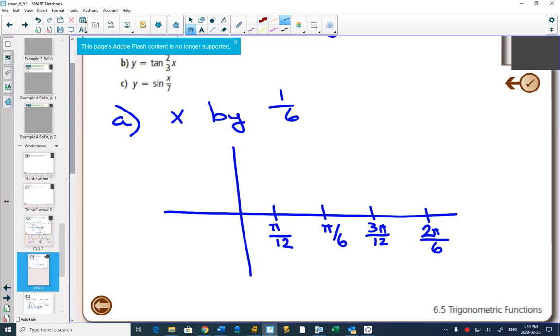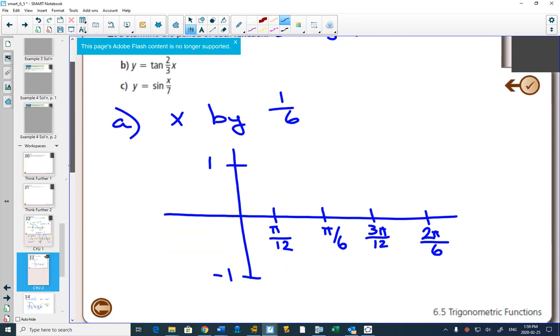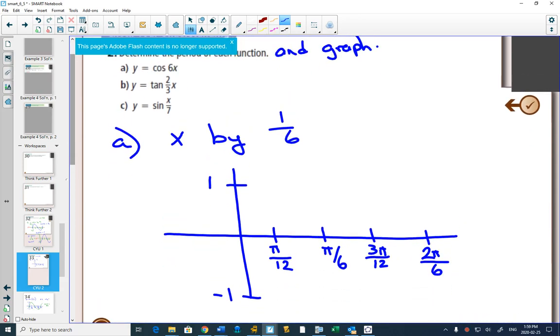Now, a maximum is 1 and a minimum is -1 for a sine or cos graph. This is a cos graph. Where does a cos graph start? At a maximum. So when I'm graphing this one, I'm going to start at my maximum, then to center line, then to minimum, then to center line, back to maximum.